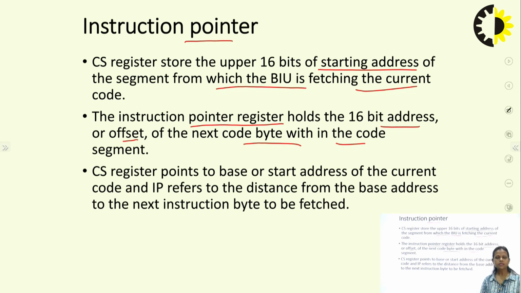So the instruction pointer holds the offset address. The code segment register points to the base or start address of the current code, and IP refers to the distance from the base address to the next instruction byte to be fetched.